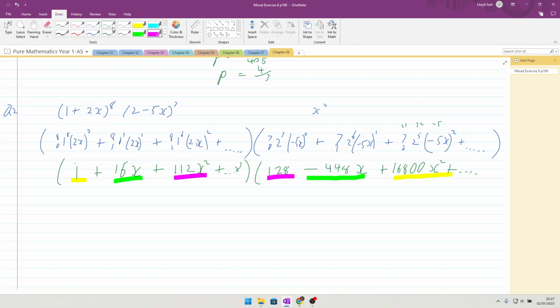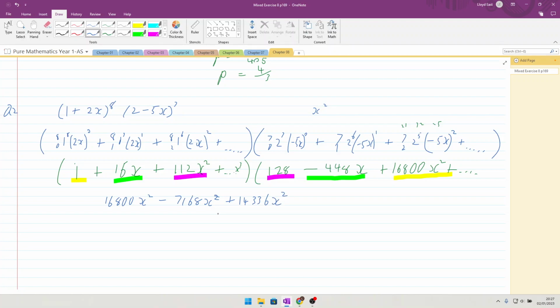So from the yellow ones there, okay, let's have 16,800 x squared. Then from the green ones here, 16 times 448, so 16 times 448 is 7,168, and it's a minus 7,168 x squared, and then we've got 112 times 128 for the pink ones there, which is 14,336 x squared.